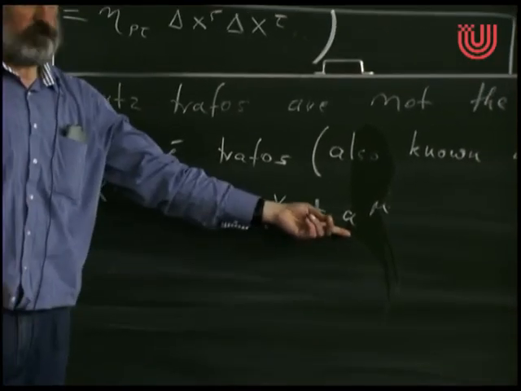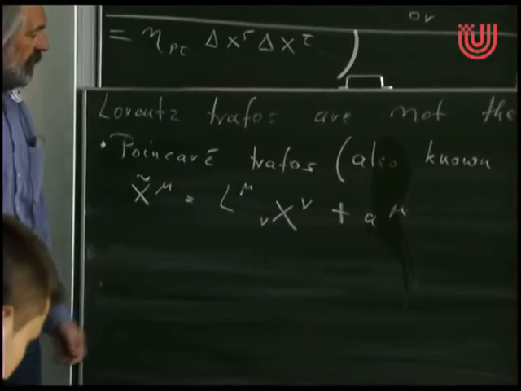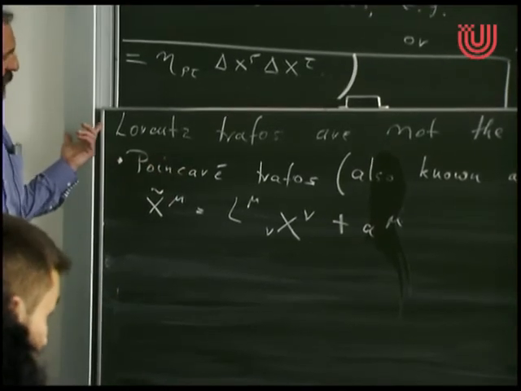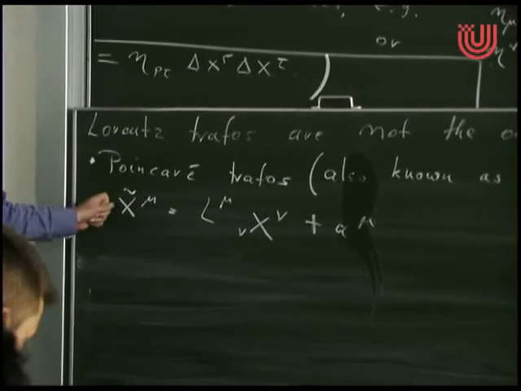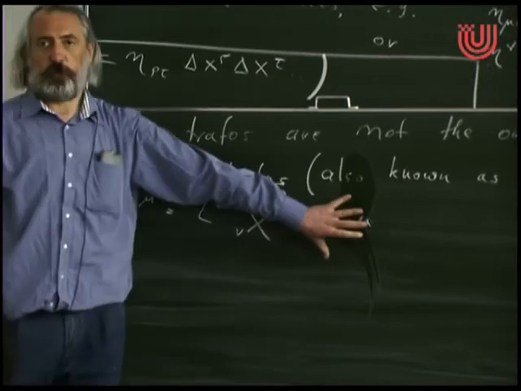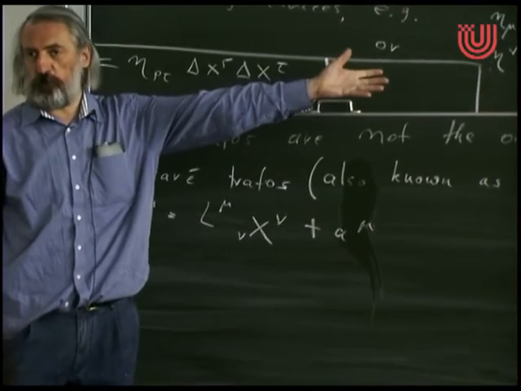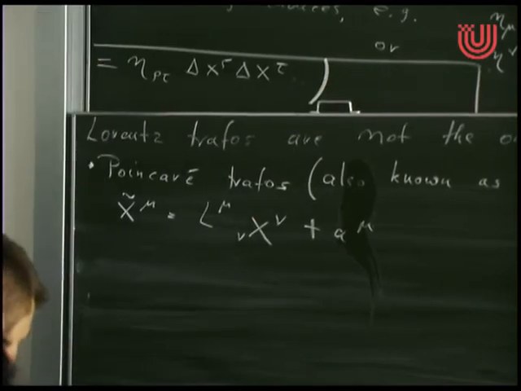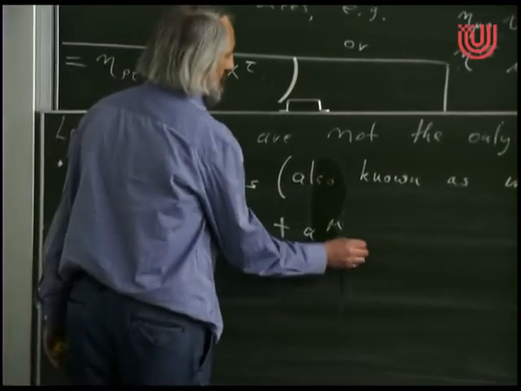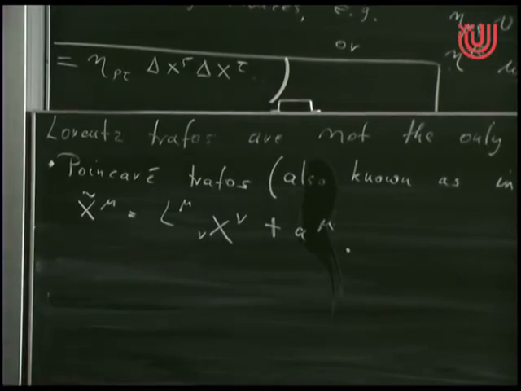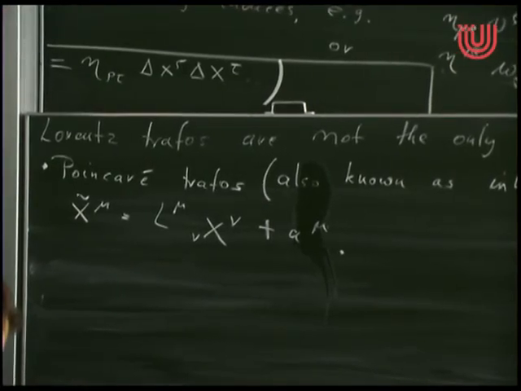This inhomogeneity doesn't change this property. And the light cone is also left invariant because if I form differences of coordinates, then the a mu drops out, right? So the second property is exactly the same as it was before. So Poincaré transformations also have the property of mapping inertial systems onto inertial systems.